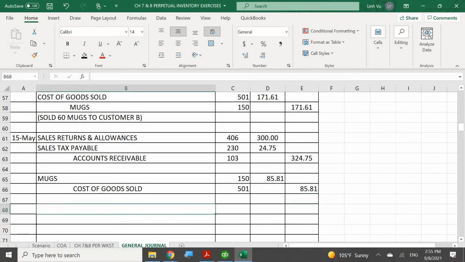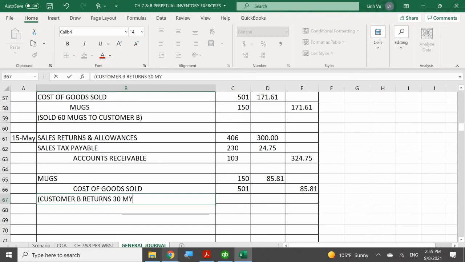And here I need to also make a note that customer B returns 30 mugs for full refund. Okay. Good.